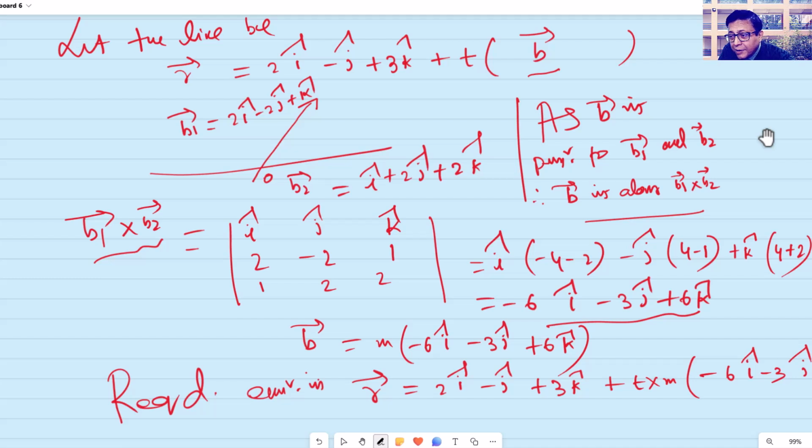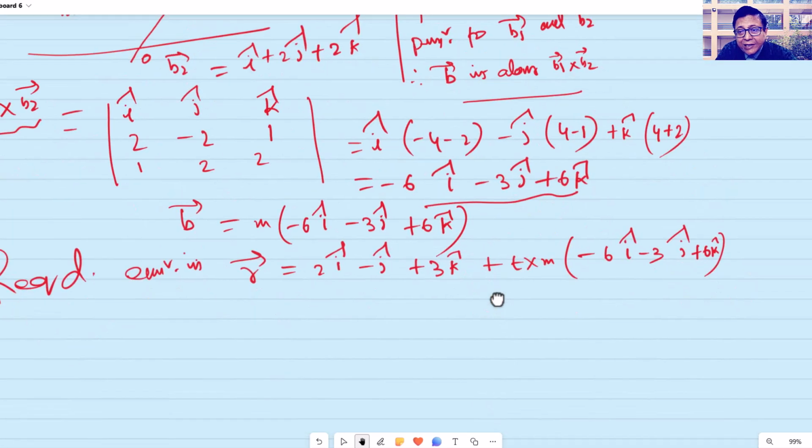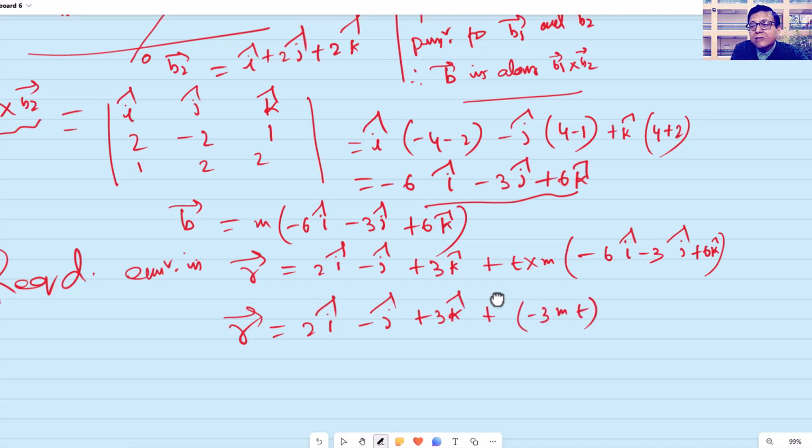Even if you assume that they are scalars, your textbook answer may not match. Why? Because we can take another factor common over there. So r is going to be 2i plus minus 3mt into 2i plus j.